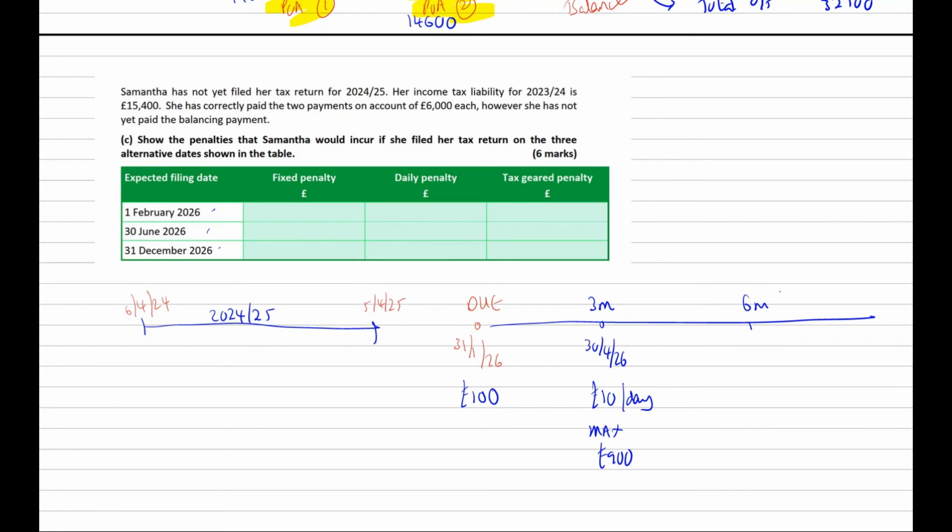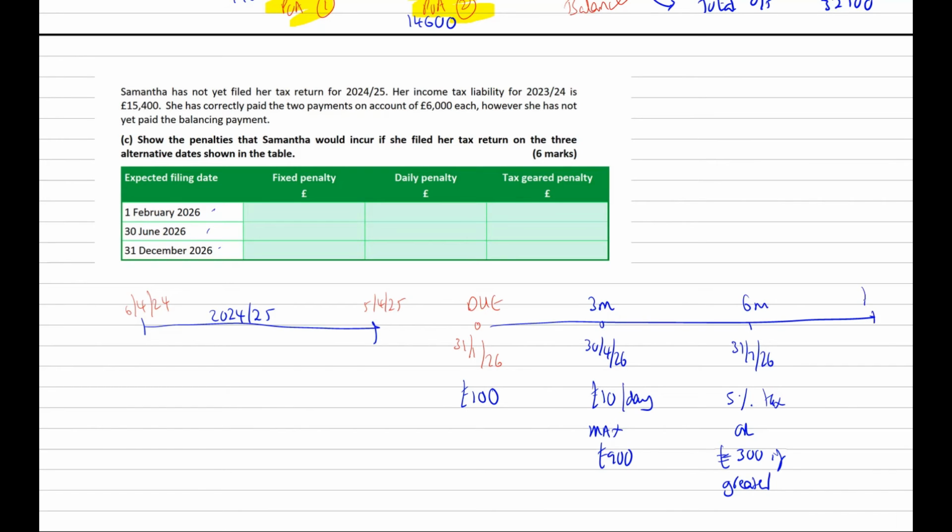If it's 6 months late, so from January, 6 months would take me to July. So if it's not filed by the 31st of July, 1st of August is going to be my next trigger point, where I'm going to move into 5% of the tax, or £300 if that's greater.